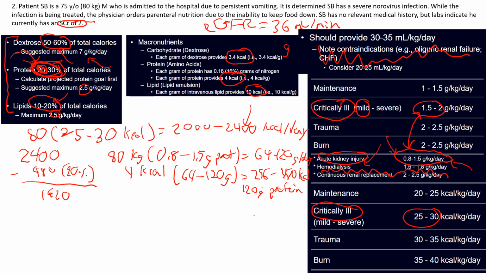So we know that if 20% of our calories come from lipids, times our total calories were 2400, we get 480 of our calories would have to be from lipids as well, which makes sense, right?